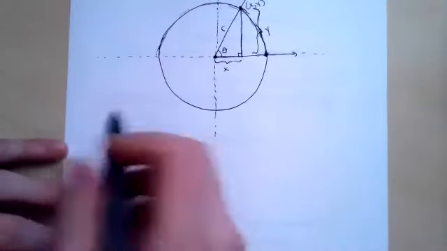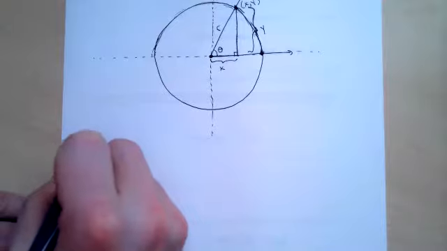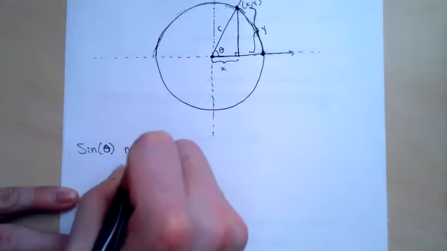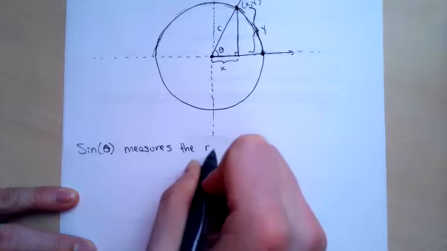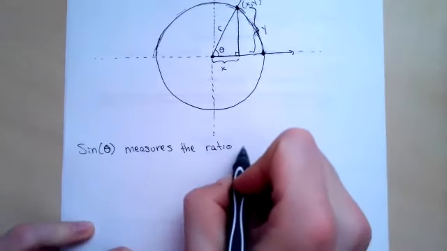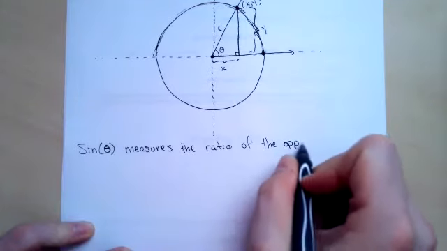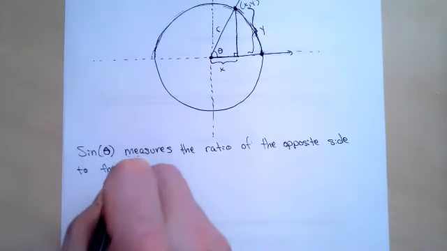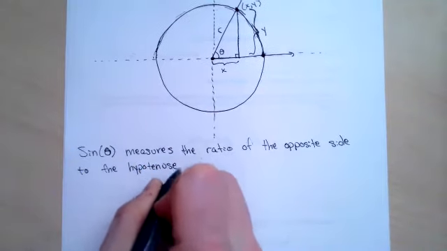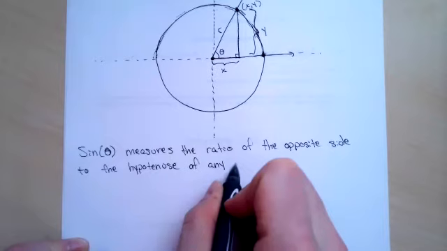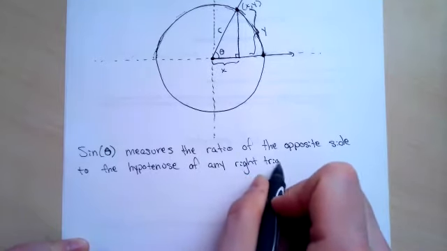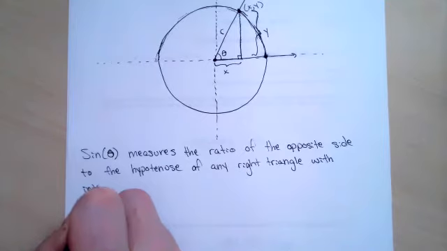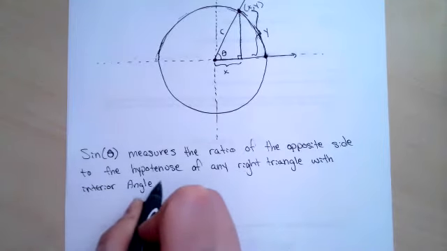And so the functions we're going to start off with are sine and cosine. The sine function, the sine of theta, measures the ratio of the opposite side to the hypotenuse of any right triangle with interior angle theta.